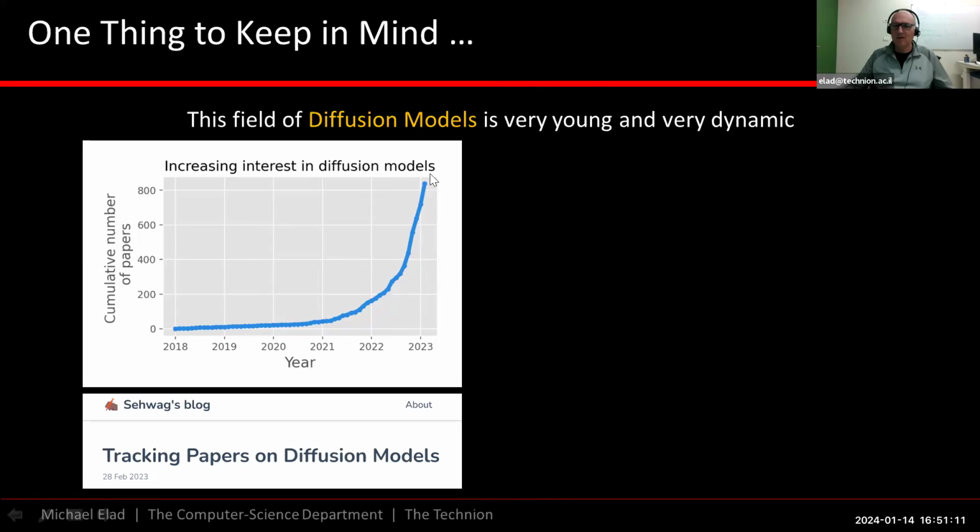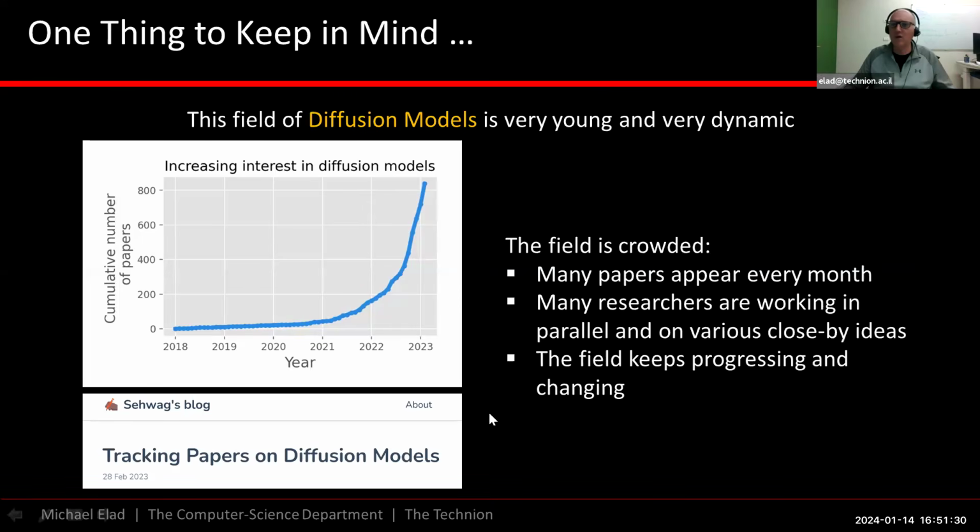So at the moment, it stands at something like 1,200 papers. 1,200 papers in a period of basically 2-3 years. Most of the activity took place in the past 2 years. This is a graph taken from this blog. And many people are playing with this information because it's really fascinating. The field is crowded, loaded with papers, loaded with researchers that are basically turning every possible stone. If you have an idea, you can bet your life that someone else is working on it.